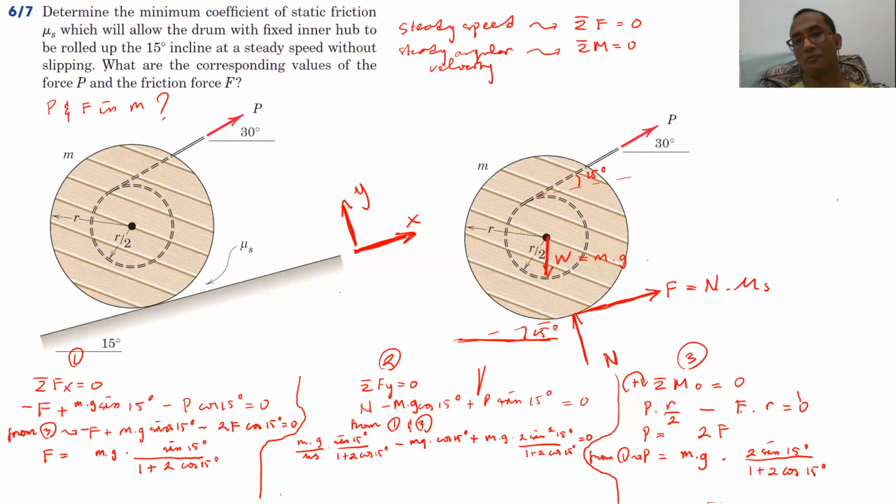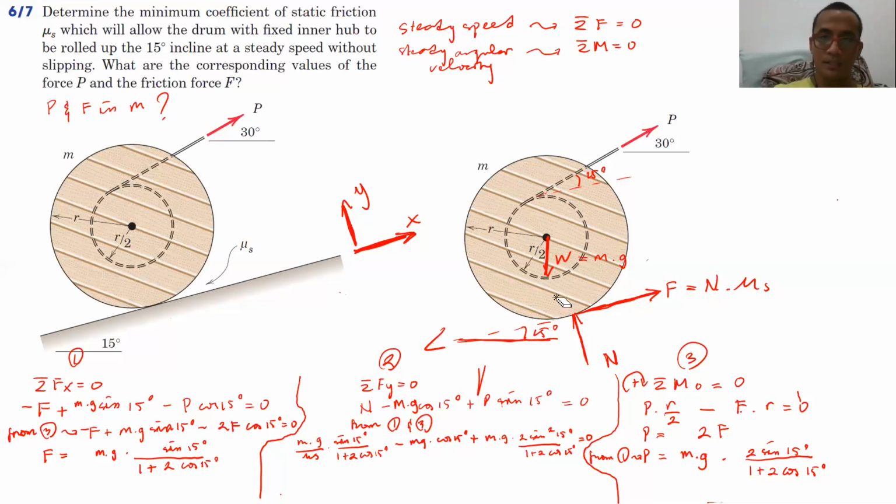To make sure that it rotates at steady angular velocity, the friction force is supposed to be going that way, but actually you can assume the other way as well. Going down or going up is up to you. You can assume it going up, or you can assume it going down.